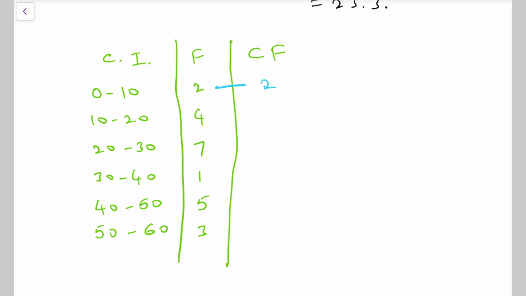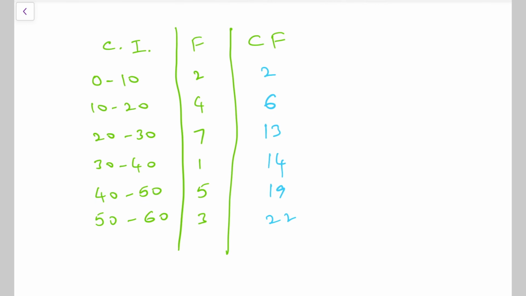Write the first number as it is, 2. 2 plus 4, 6. 6 plus 7, 13. 13 plus 1, 14. 14 plus 5, 19. 19 plus 3, 22. So these are the cumulative frequencies. Now in the cumulative frequencies, whatever the last number we got, that number we will take as n. So n equals 22. Now let us write the formula for median.